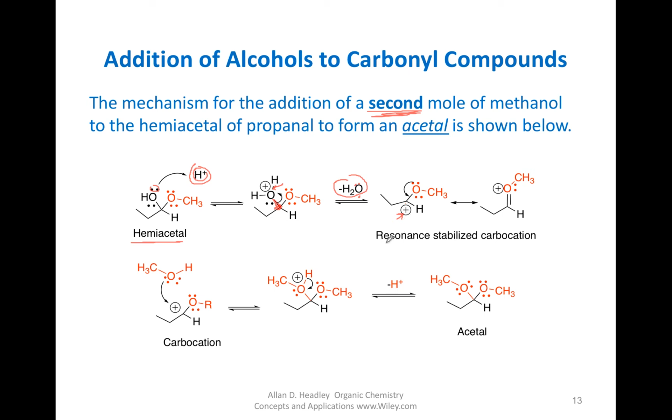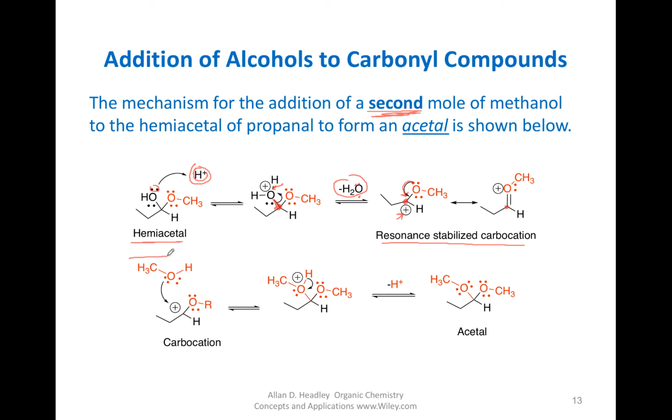Notice this is now resonance stabilized because we can draw a resonance structure as shown here. So that shows that it's pretty stable. But the bottom line is that this carbon here is electrophilic. Same here.